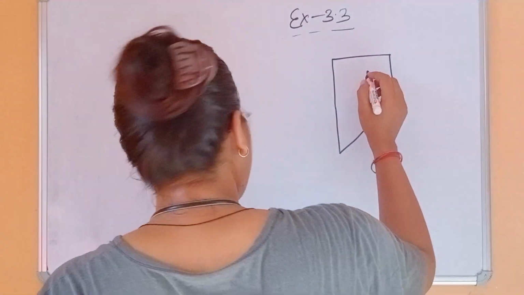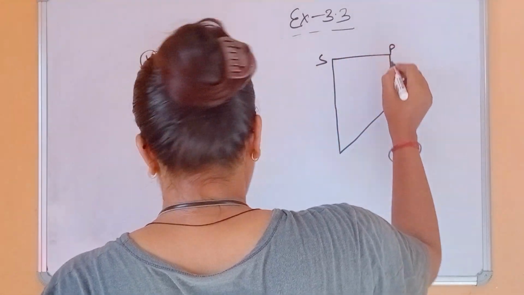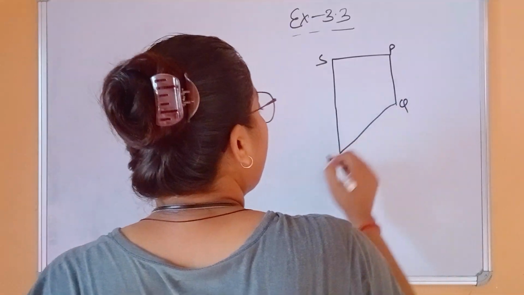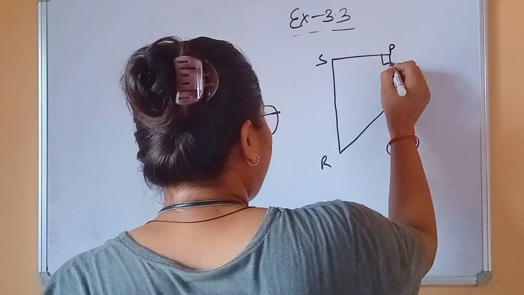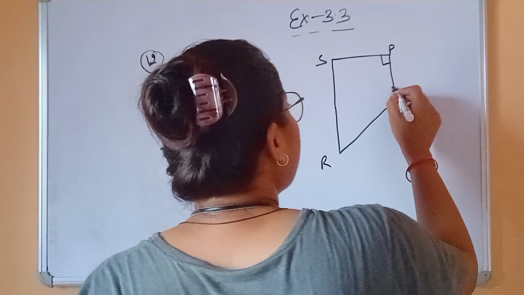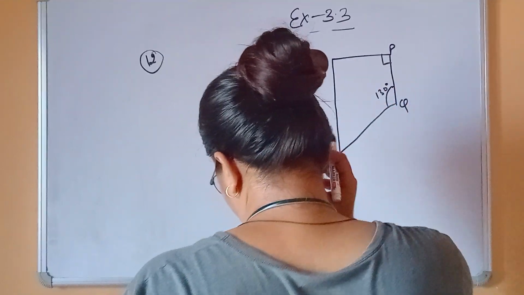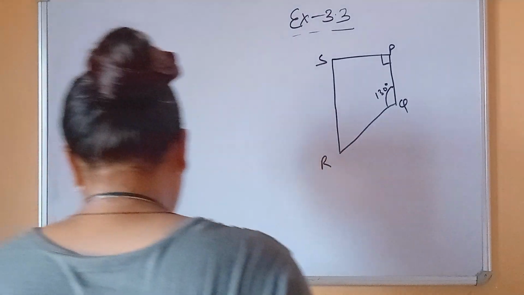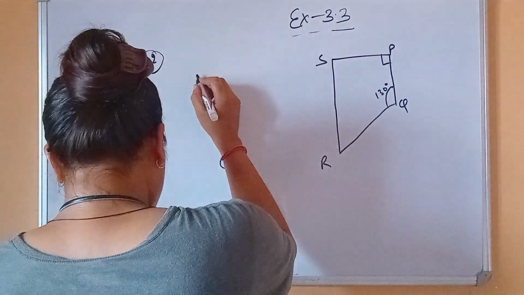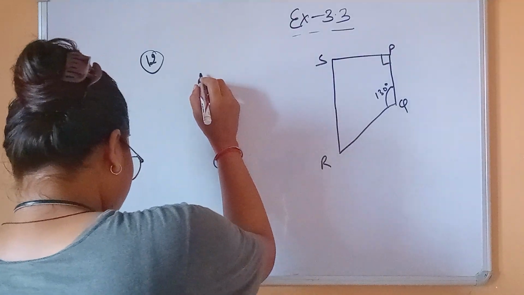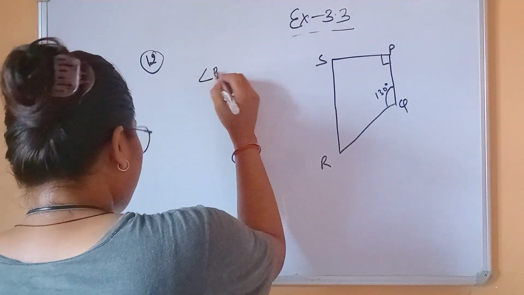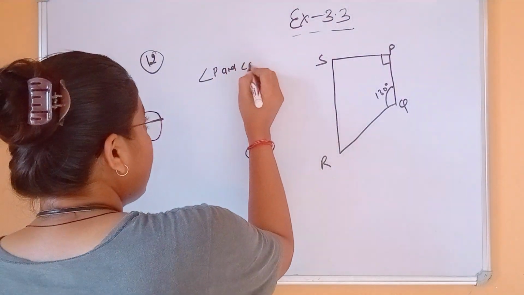So here draw SP and QR. So here angle P is equal to 90 degree. Find the measure of angle P and angle S. Okay.